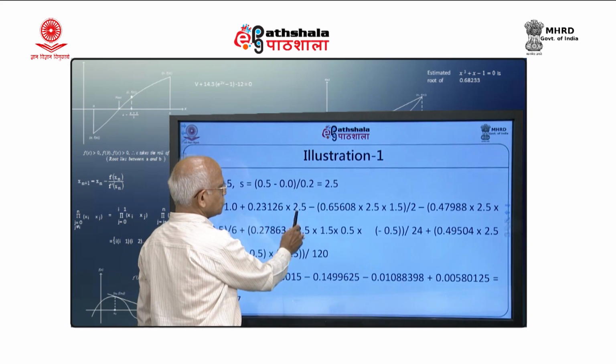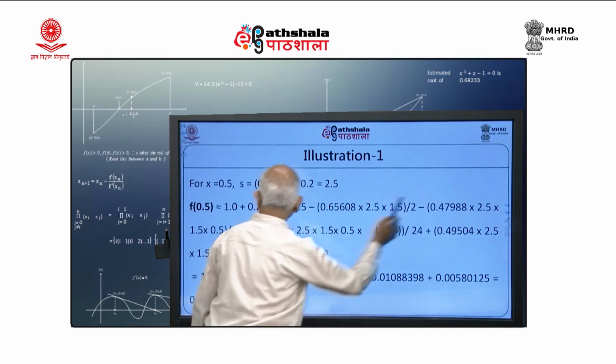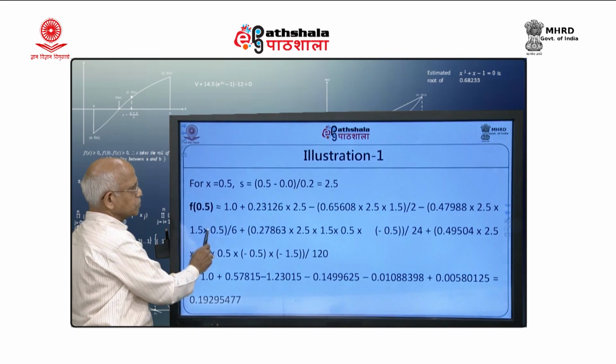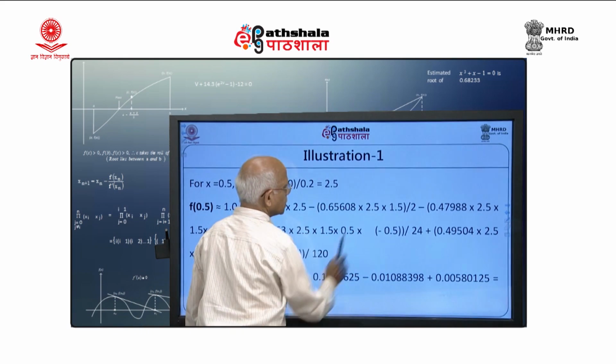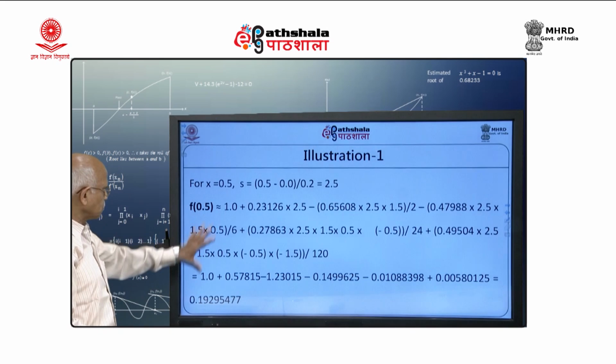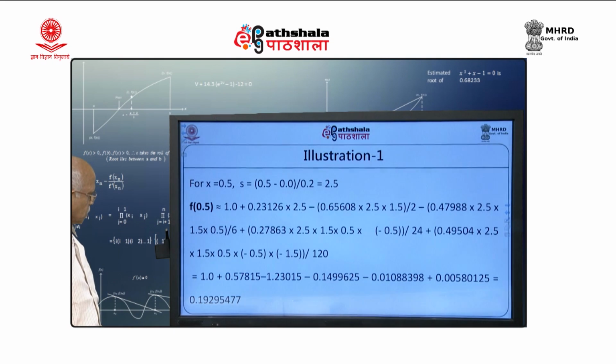This is 2.5, this is 2.5 into 2.5 minus 1, that is 1.5, into 0.5. Here we will get only 2 of them, here we will get 3 of them, and so on. So, we get this computation done for f 0.5 and we get the value as this.